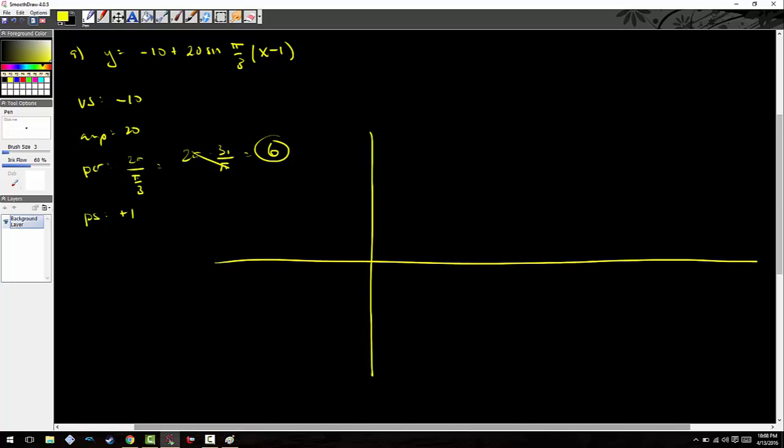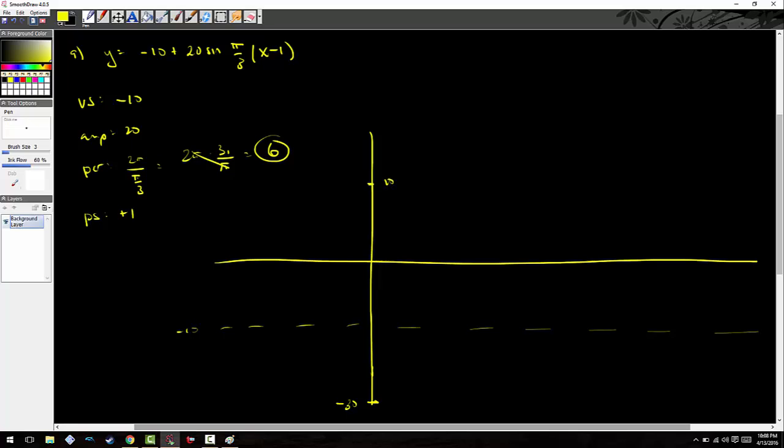So that's -10 right there. My lower bound, since my amplitude is 20, is going to be -30. My upper bound is going to be +10.